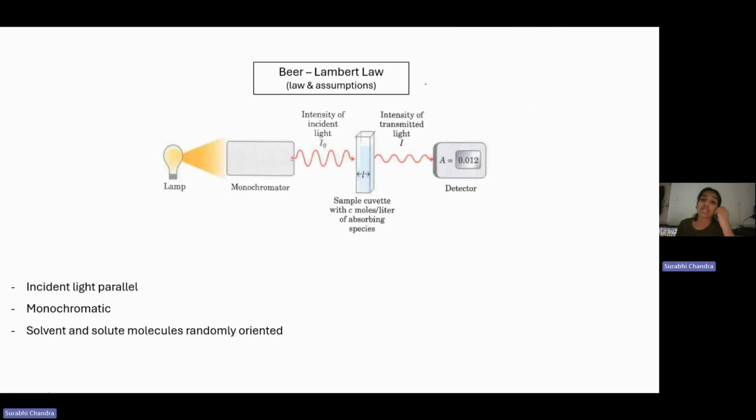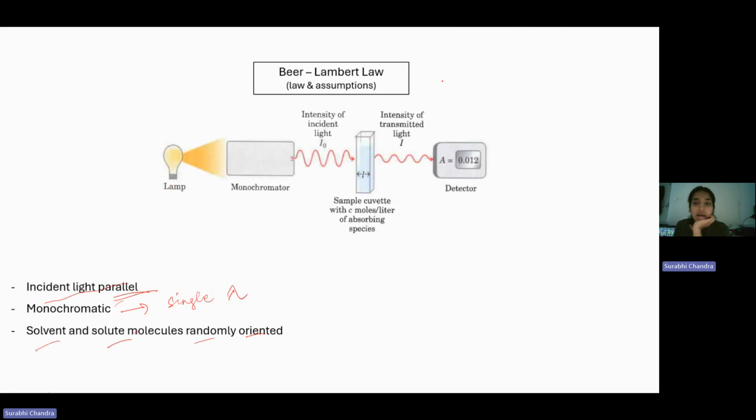This law is based on certain assumptions: the incident light should be parallel and monochromatic, meaning only light of a single wavelength passes through. It also assumes that the solvent and solute molecules in the medium are randomly oriented, randomly distributed overall.